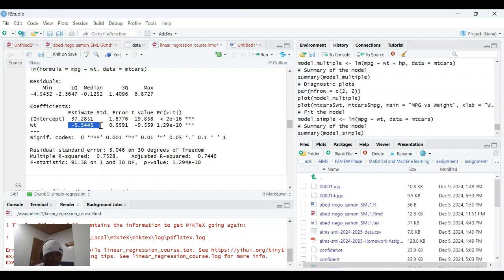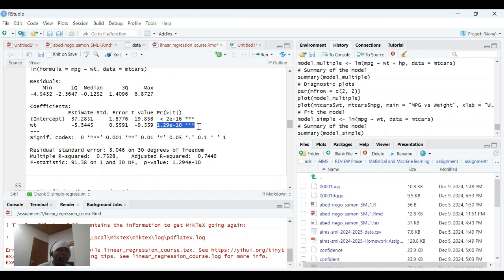You can also interpret it as: when the weight increases by 1, the MPG increases by minus 5.3445. Okay, we have this coefficient, but let's see if it is really statistically significant. So we go back quickly to look at its p-value.